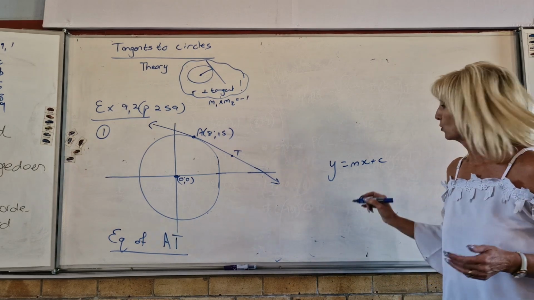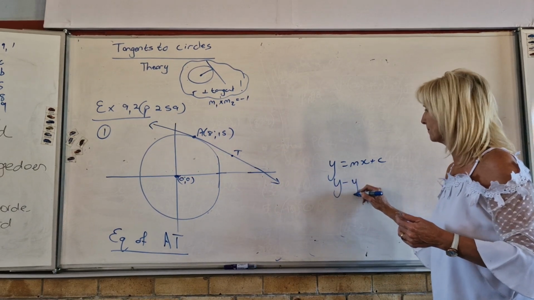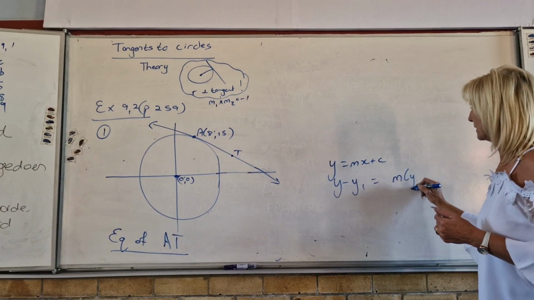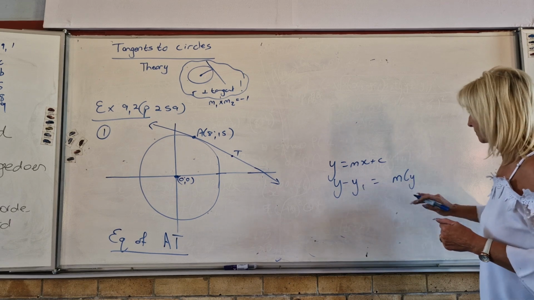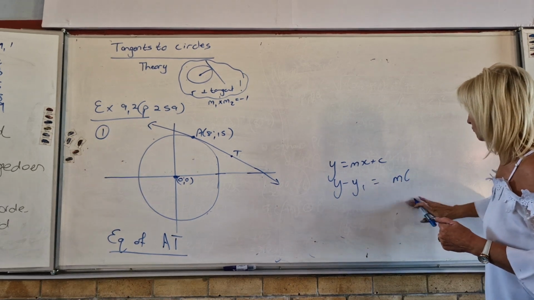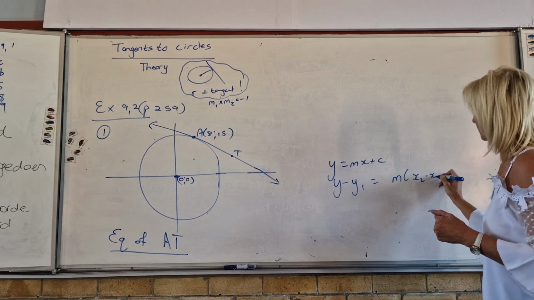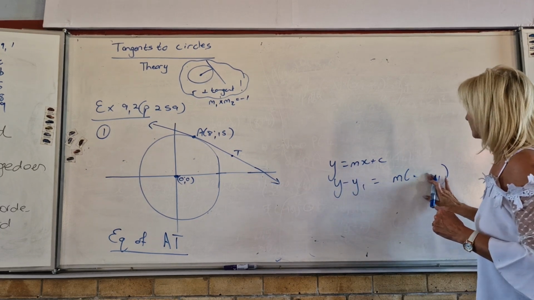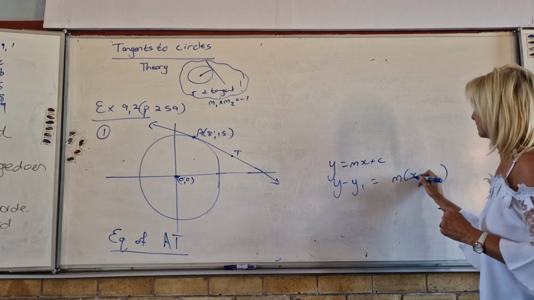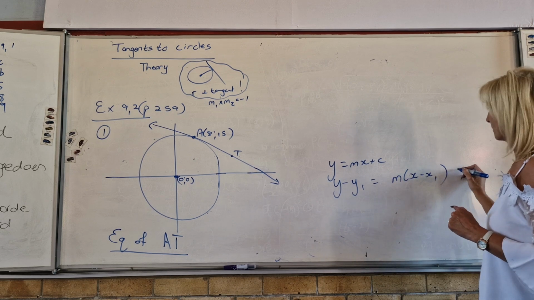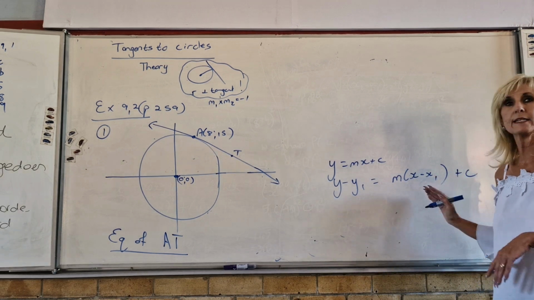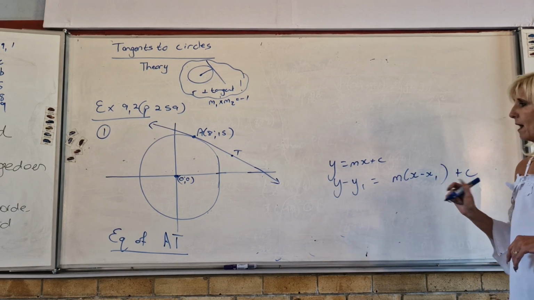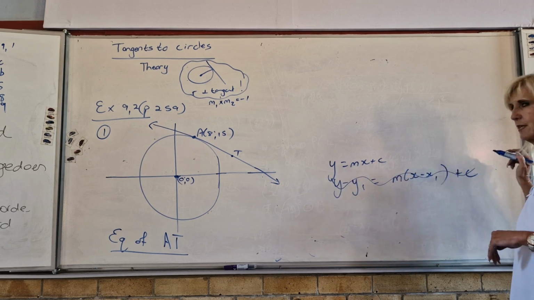And guys, you've been taught y minus y1 equals m times x minus x1. Okay, you can have it like that as well, and it's even on your formula sheet. I personally never use that one.